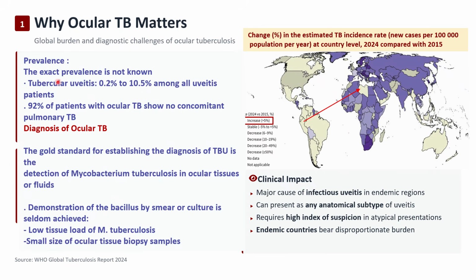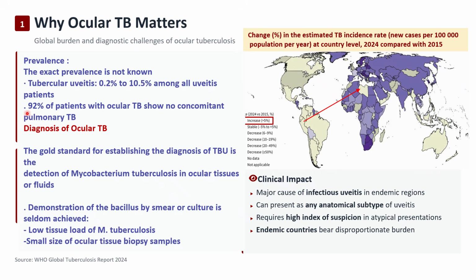Now, the prevalence of ocular tuberculosis is not exactly known, but it ranges between 0.2 to 10%, and in some endemic areas can reach up to 20%. As I said, this depends on the skills of the medical people who can identify the signs of ocular tuberculosis and notify the authority regarding this disease.